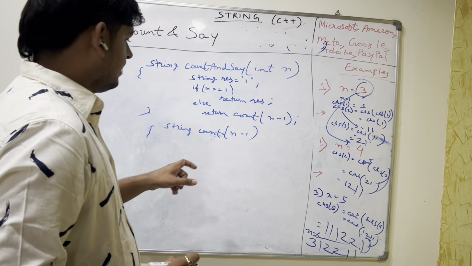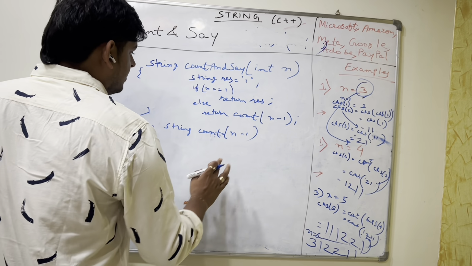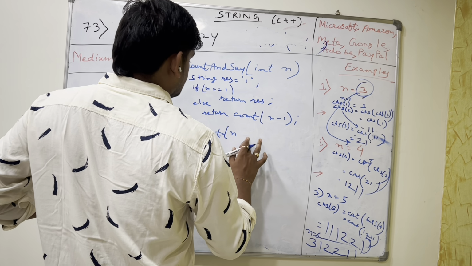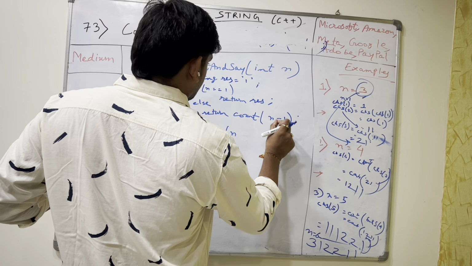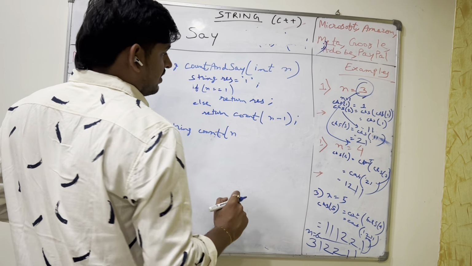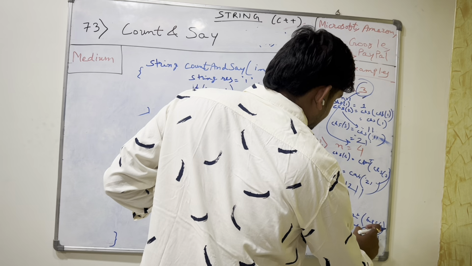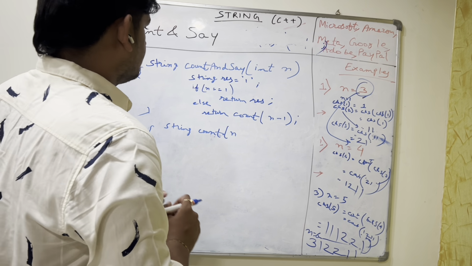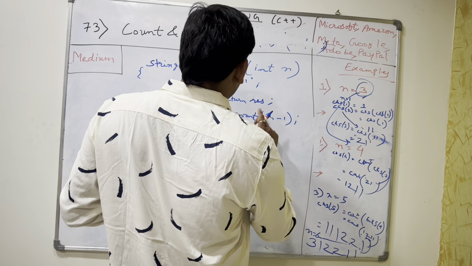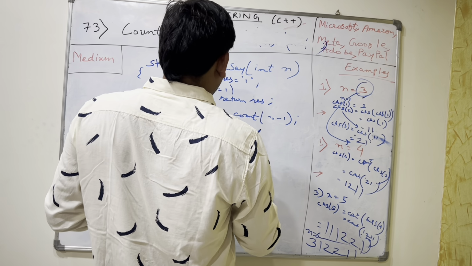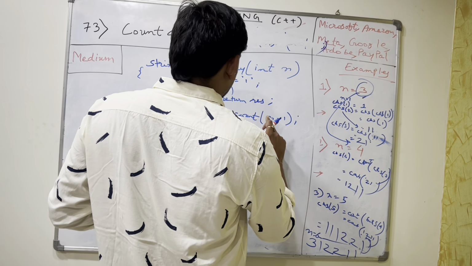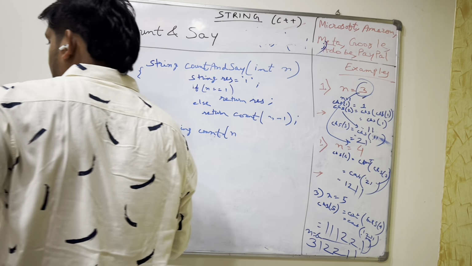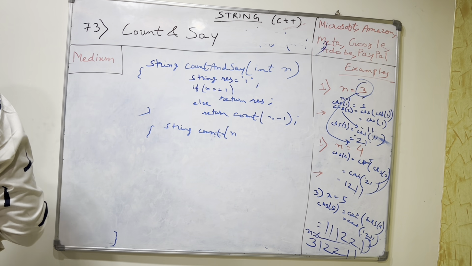Now what we need to do here, count of n minus 1 is given, right? Actually it should not be n minus 1, right? It is a string that we have given, right? It is a string, so here one by one we are going, right? So what we need to do, we can't do like this.